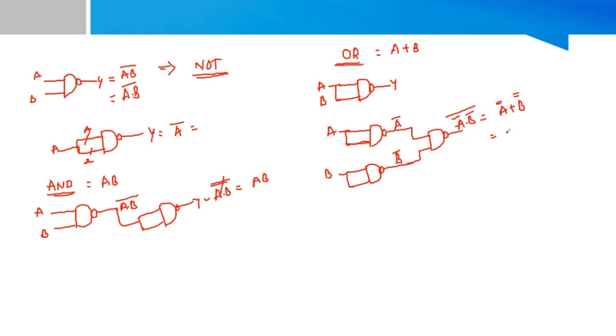The double bars will get cancelled. You will get A plus B. So to implement the OR gate, you need three NAND gates. This is how you are going to implement it. Any doubt in the implementation part?